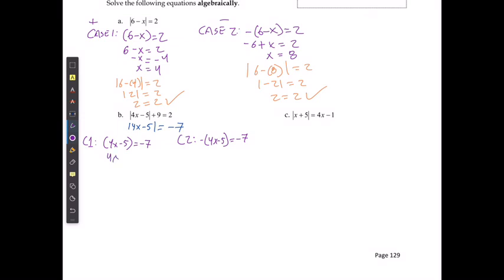So if 4x minus 5 is equal to negative 7, then 4x is going to equal, when I add 5 to both sides, negative 2, or x is going to equal negative 1 over 2.